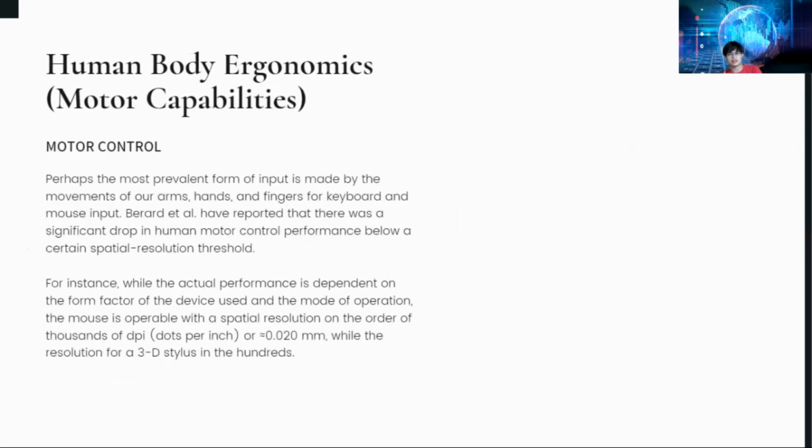Next, let's discuss motor control. Perhaps the most prevalent form of input is made by the movements of our arms, hands, and fingers, for keyboards and mouse input, and even in smartphones, right? We use our hands. Berard et al. have reported that there was a significant drop in human motor control performance below a certain spatial resolution threshold.